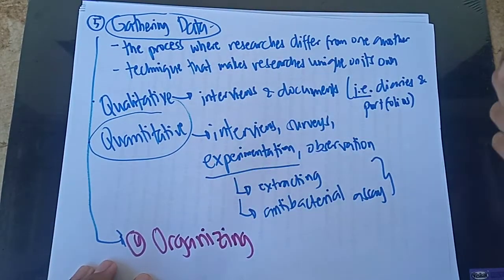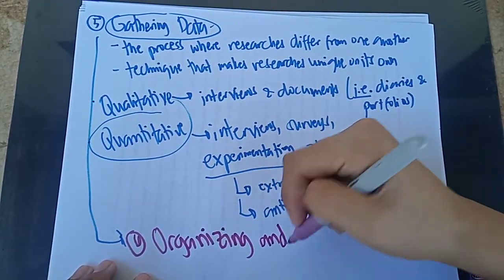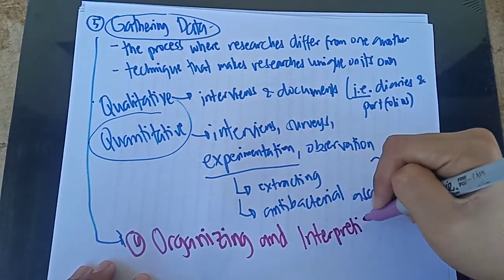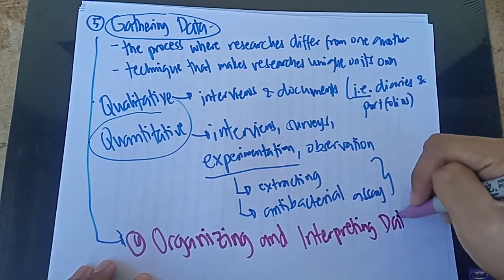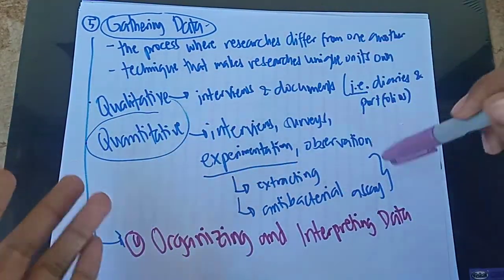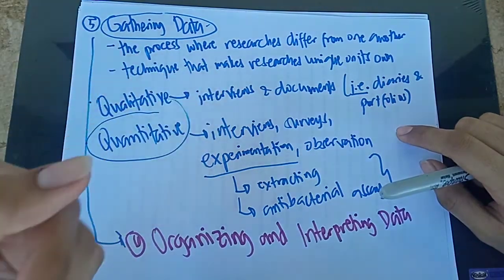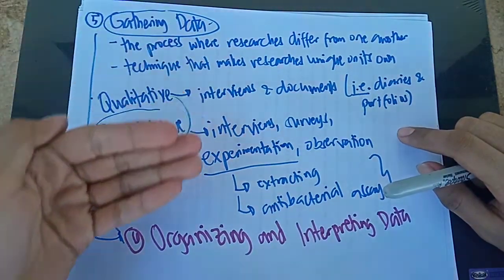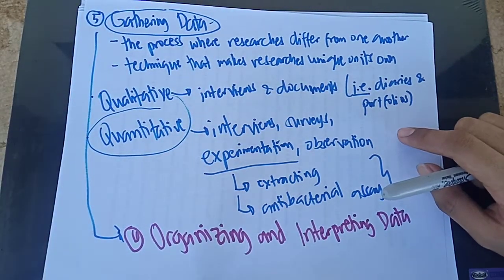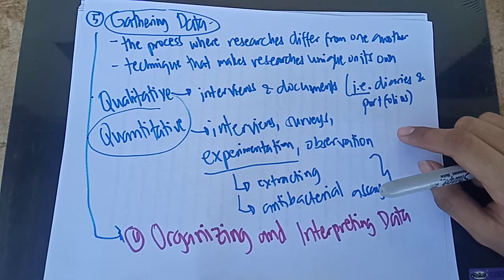So, we are now down to the sixth step, which is organizing and interpreting data. So, remember the steps 4 to 6 because now we will present to you how we present the research design, how we gather data, how we organize data, and how we interpret data.